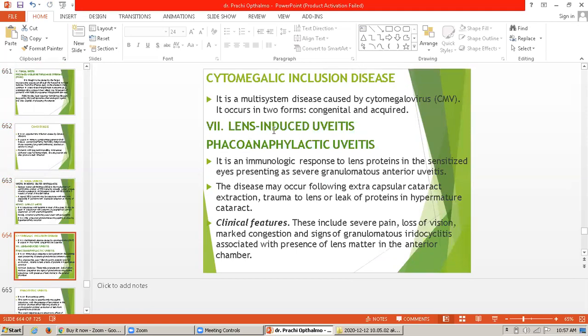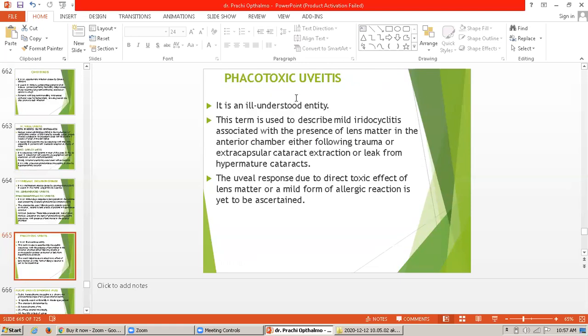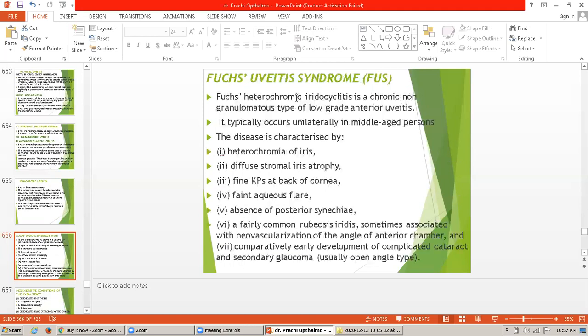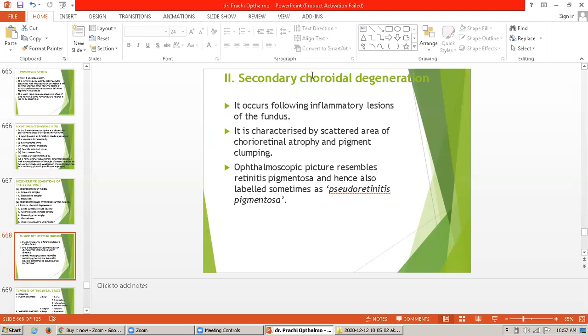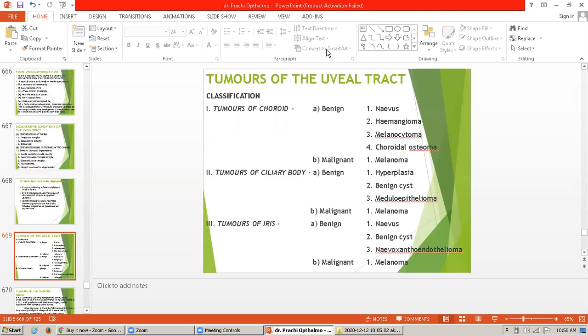Then lens-induced uveitis, with phacoanaphylactic uveitis and phacotoxic uveitis, then uveitis syndromes. Then degenerative conditions of the uveal tract, that is degeneration of the iris, degeneration and dystrophies of the choroid, and secondary choroidal degeneration, along with tumors of the uveal tract.